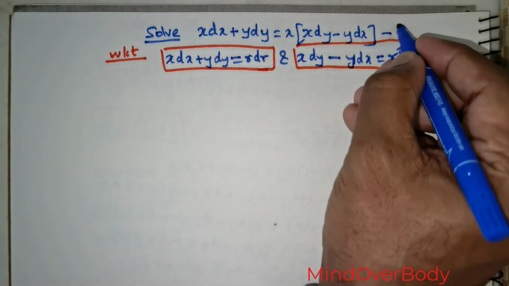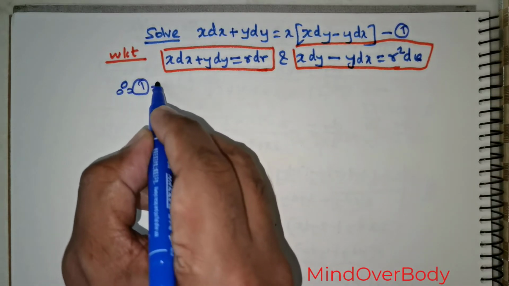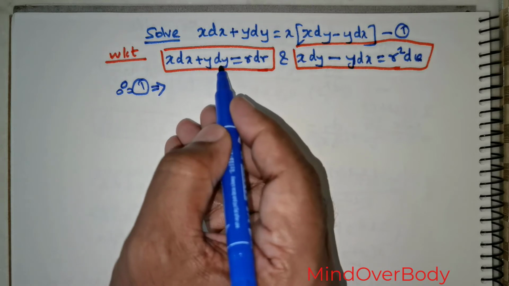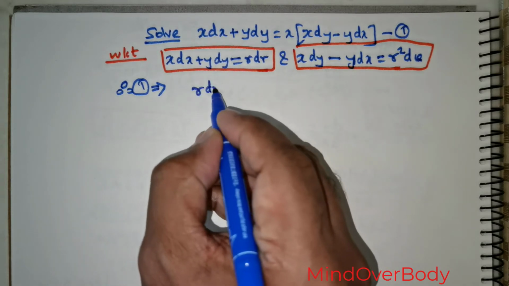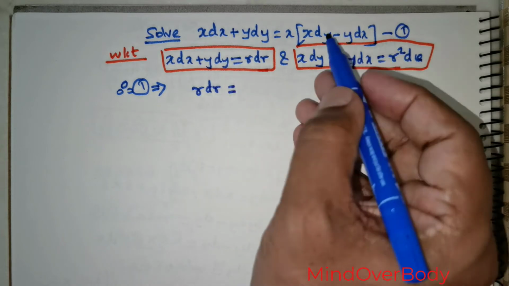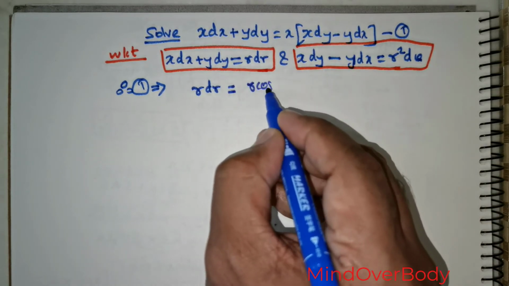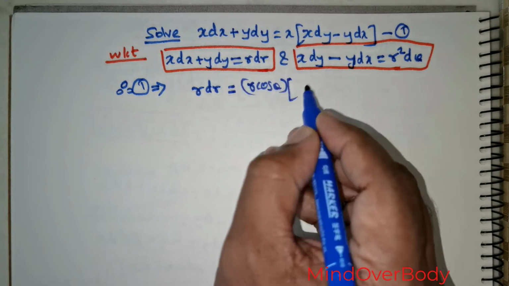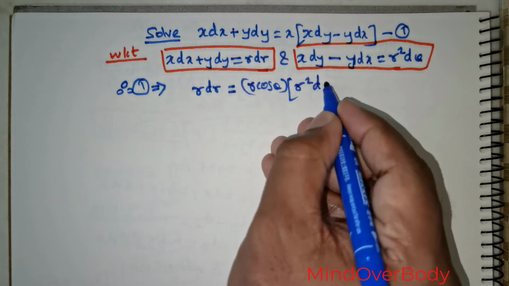Now if I were to take this as 1, therefore 1 can be rewritten with x dx plus y dy as r times dr, and then I can rewrite x as r cos theta, so I can just substitute r cos theta, and I can rewrite x dy minus y dx as r squared times d theta.